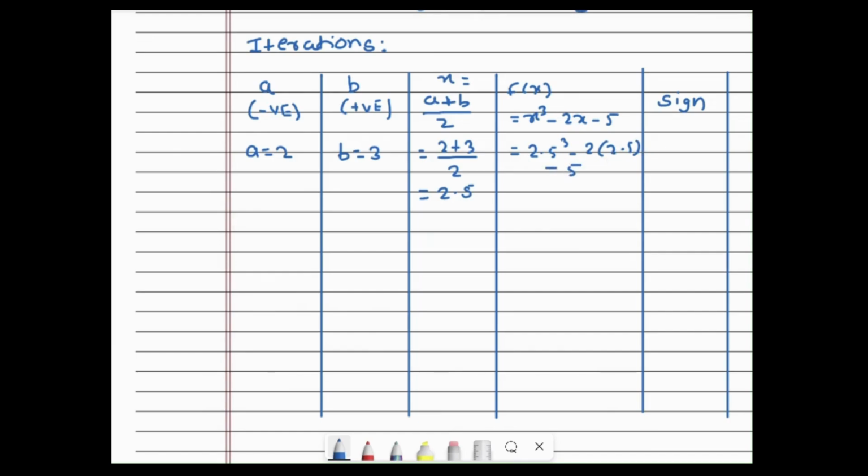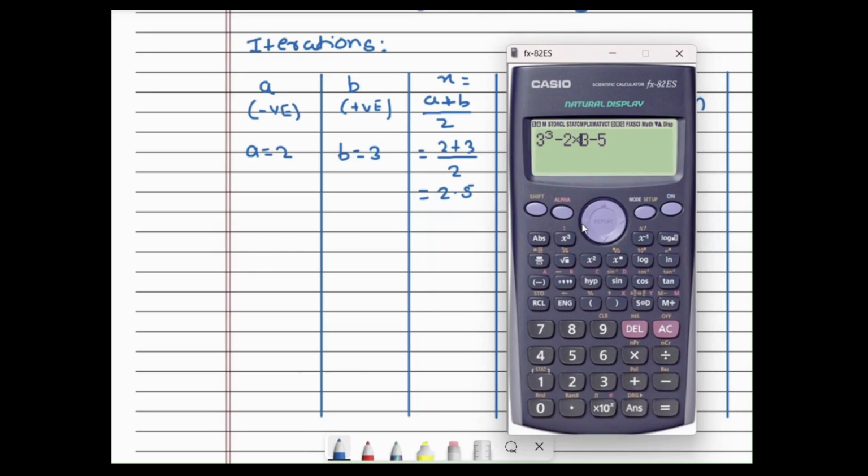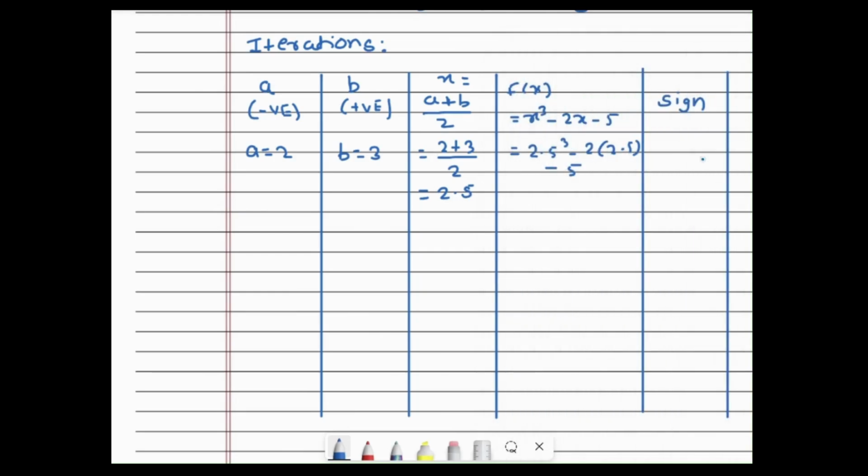Let us use the scientific calculator for this purpose. We change the value of 3 by 0.5. That results in 5.625. We're interested in the sign of this function, so the sign comes out to be positive.